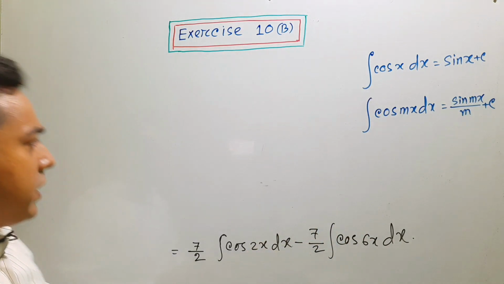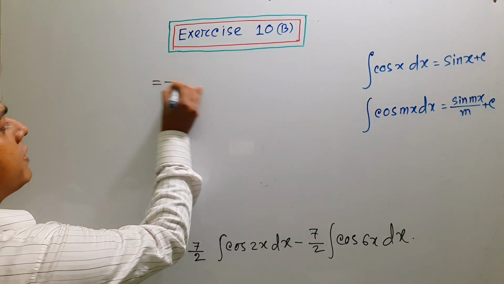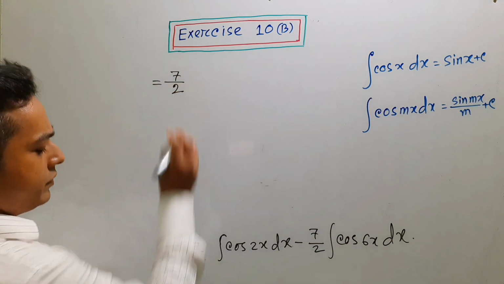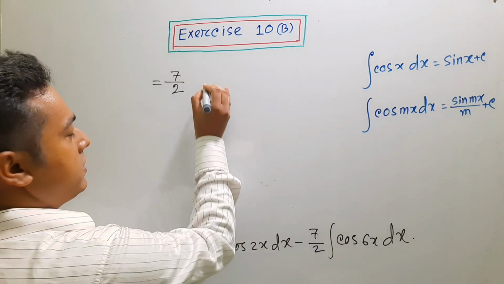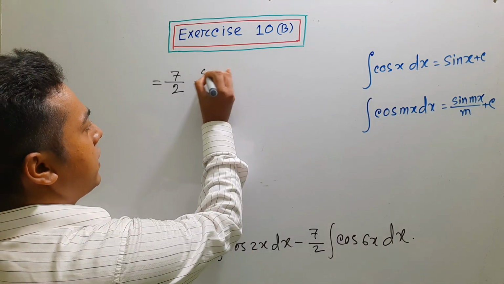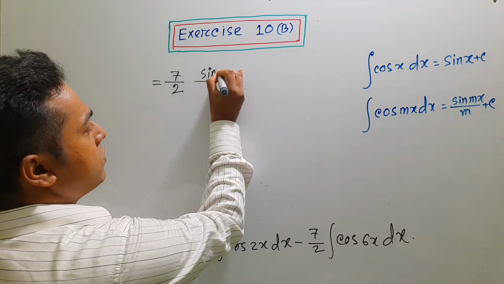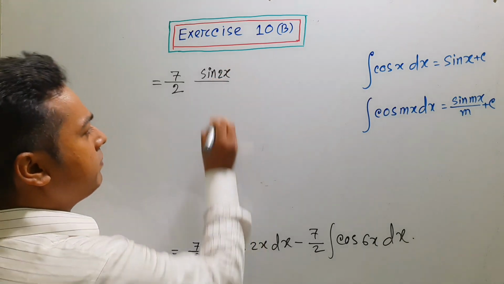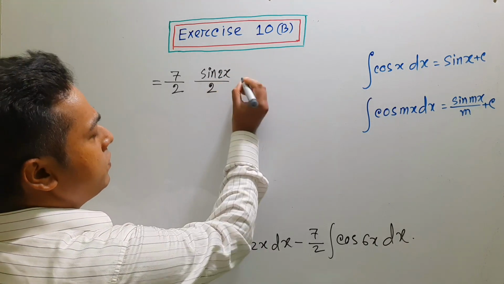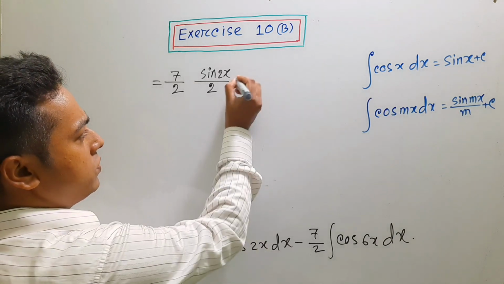According to this rule we can write 7 divided by 2 cos 2x is equal to sin 2x divided by m, and here m is equal to 2.